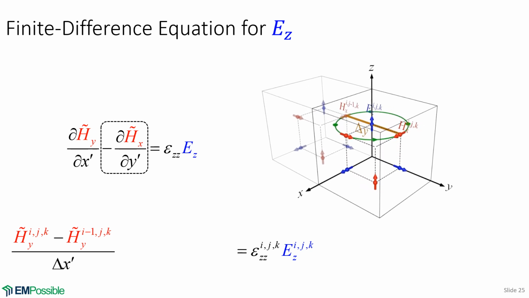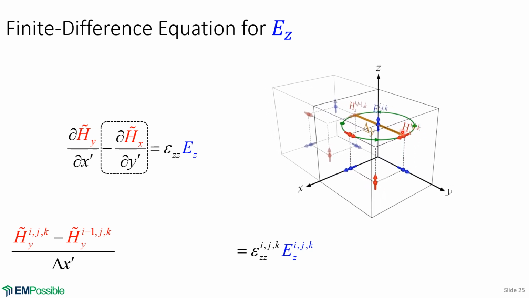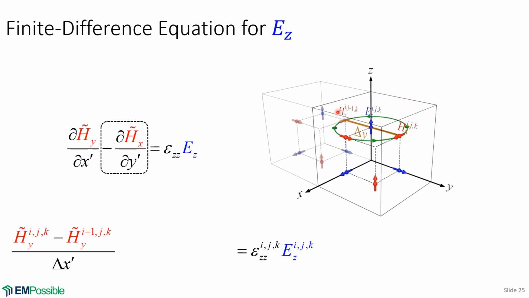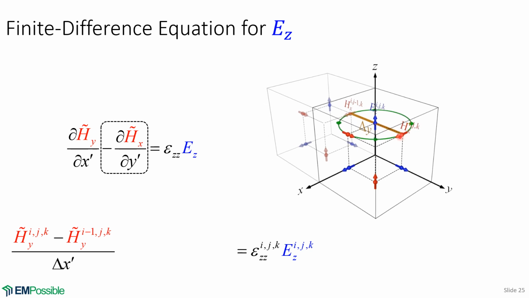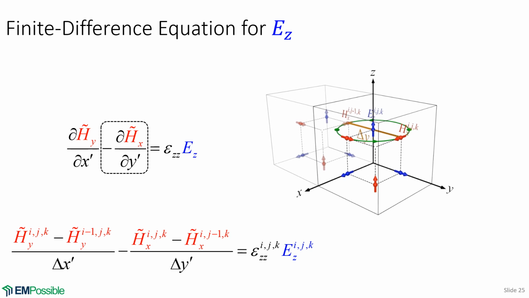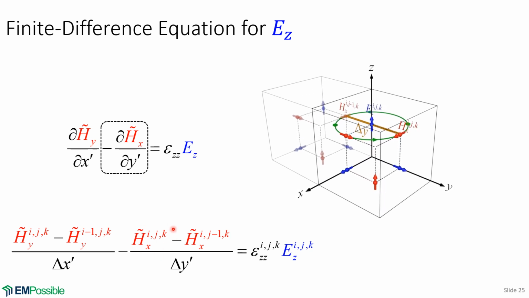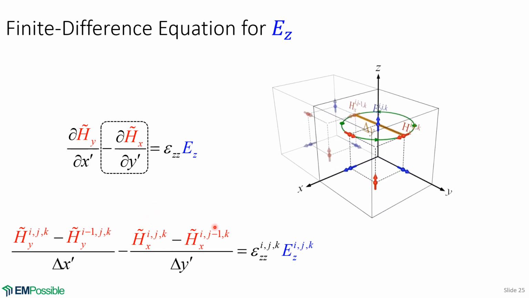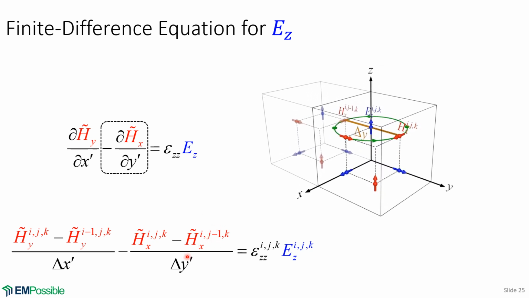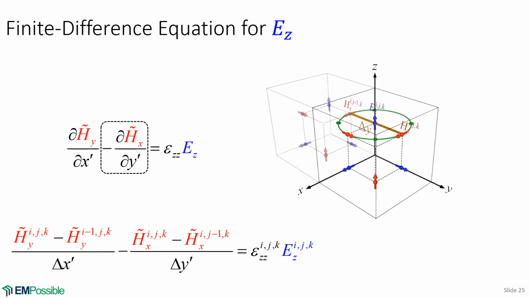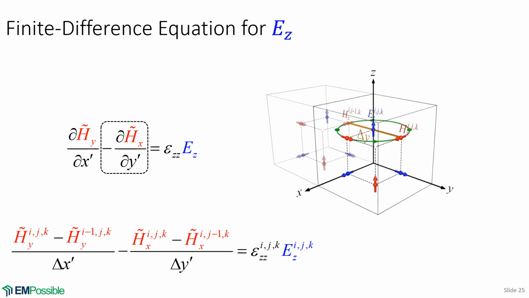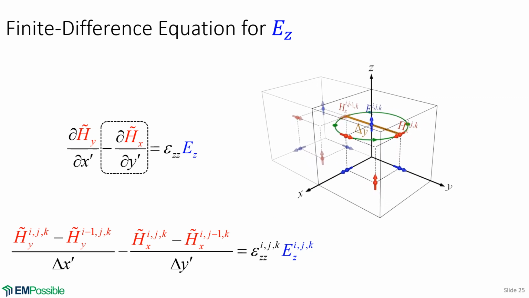So our finite difference approximation would be Hx from the same cell minus Hx from the previous cell in the y direction divided by the spacing between those, which is delta y. And so all terms in that finite difference equation exist at the same point as Ez. So that entire equation is also in harmony.